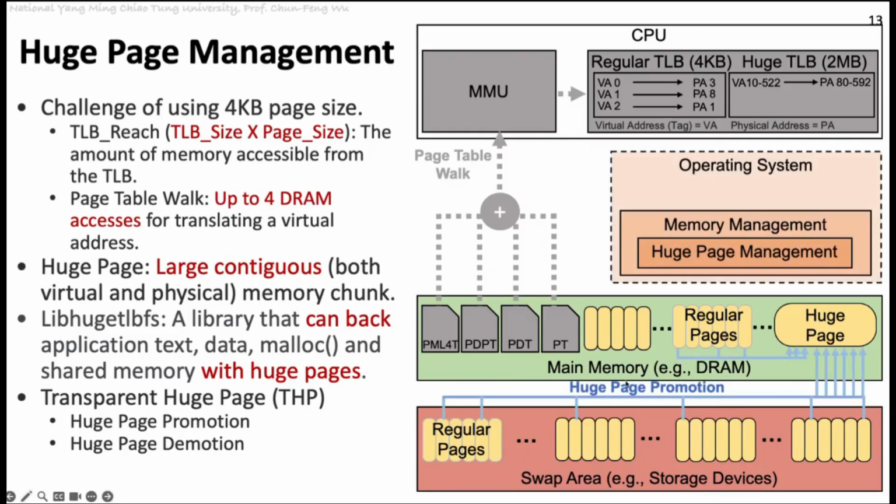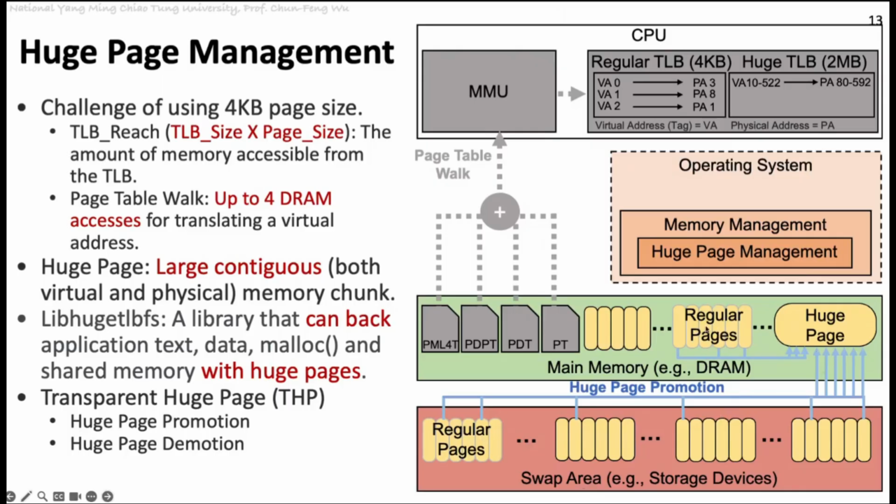Usually, if the data in memory is not continuous, or sometimes the data required by this physical address is backed in a swap area, like in storage, then you need to do a promotion.